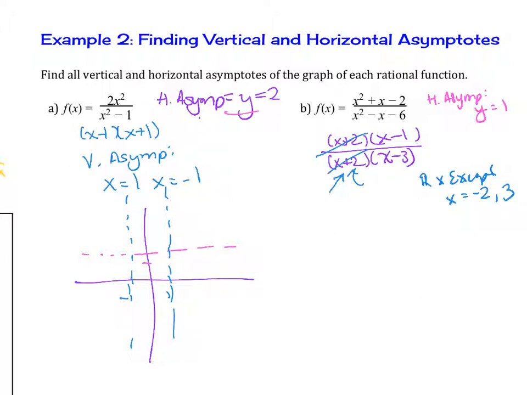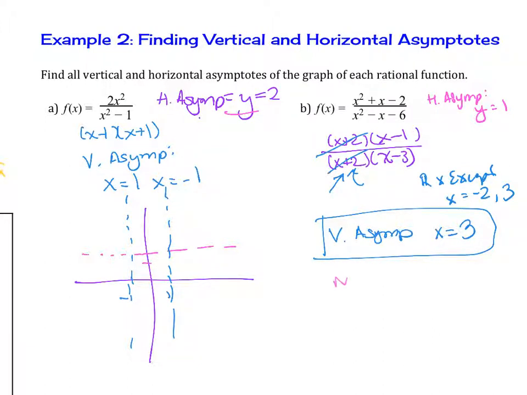To finish this one out, let's talk about our vertical asymptote. Our only vertical asymptote is at x equals 3. Then, as a note, negative 2 is a hole. So there's a hole at x equals negative 2.